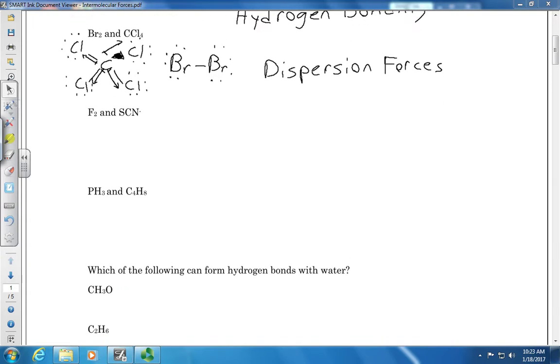Okay, moving right along. We have another diatomic, which is fluorine. Diatomic fluorine. That's going to be nonpolar, just like diatomic bromine was. And then we also have thiocyanate ion. So that is actually an ion.